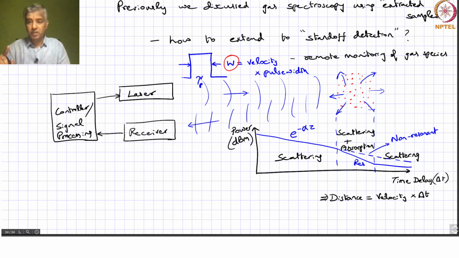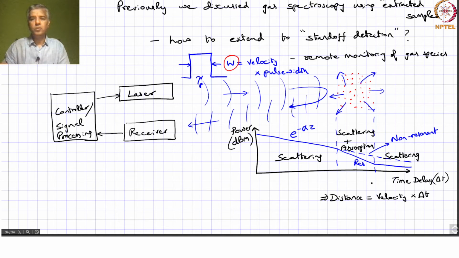Is that all? Well, you have to be careful about this. The time delay is actually the round trip time delay, because the light goes out, it gets scattered, and it's coming back. So the time delay that you are measuring here is actually the round trip time delay.